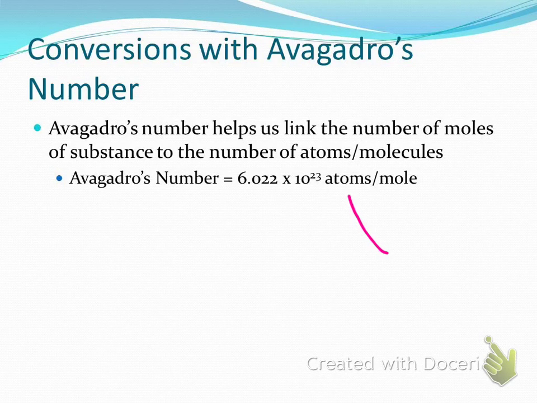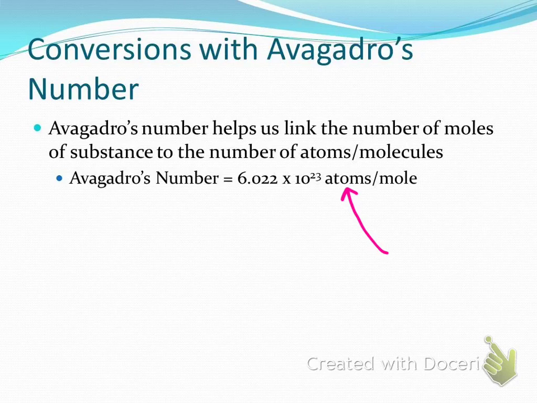It's important for you to understand that Avogadro's number is not just atoms per mole, right? It could be anything. Okay, it could be the number of atoms, it could be the number of compounds, it could be the number of molecules, it could be the number of baseballs, it could be the number of roses, it can be the number of anything per 1 mole, okay?